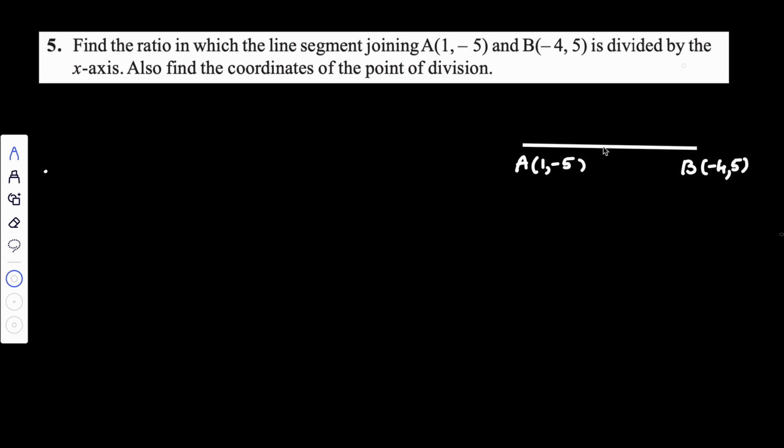The point on the x-axis we should always take as (x, 0), and the ratio is m1:m2. We want to find out first the ratio, then the point of division. So we'll write: let A (1, -5) and B (-4, 5) be divided by P (x, 0) in the ratio m1:m2.